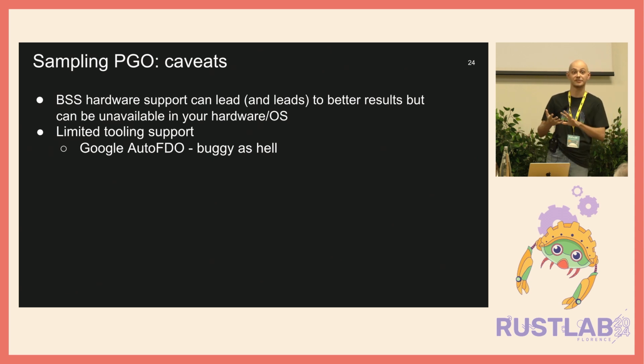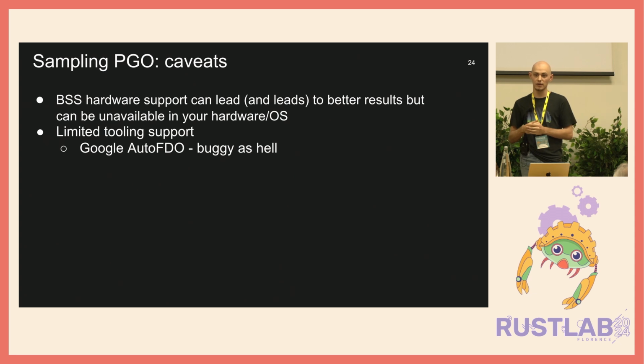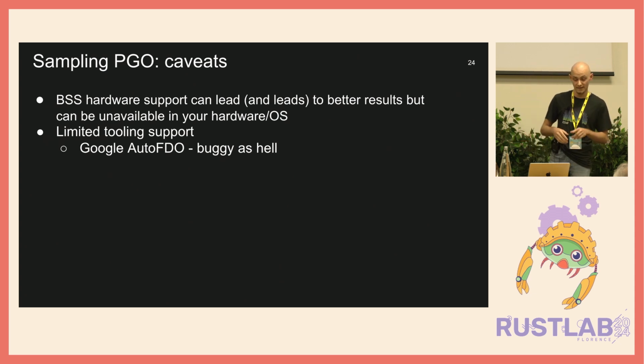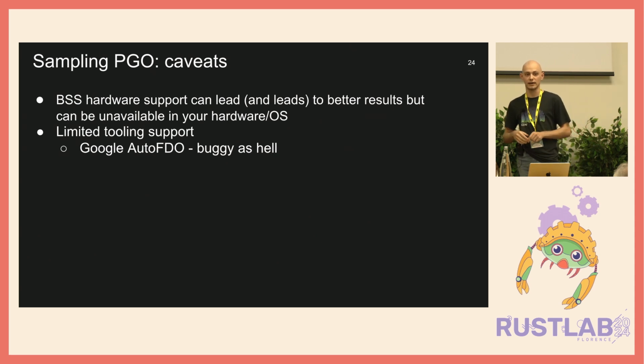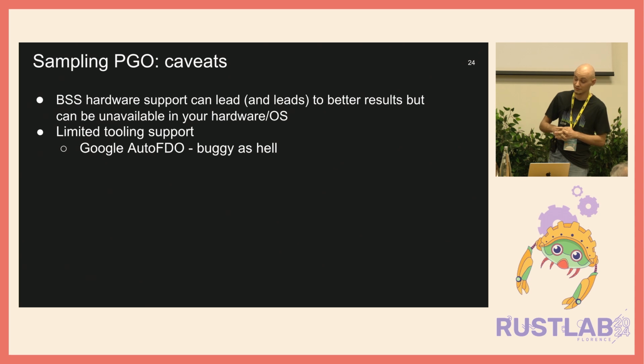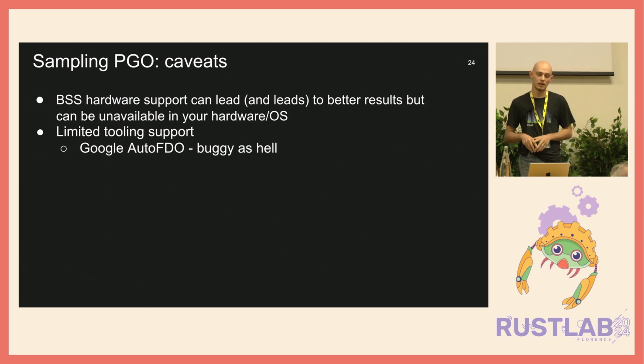You need some converter. And the first one was implemented by Google. It's called Google AutoFDO. This is exactly the reason why sampling PGO is frequently called FDO, since this project is called AutoFDO. Unfortunately, Google AutoFDO has many bugs.